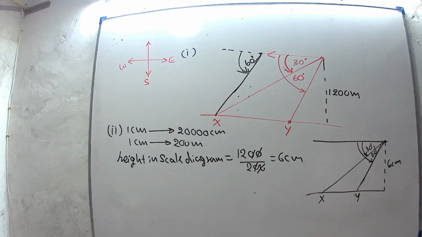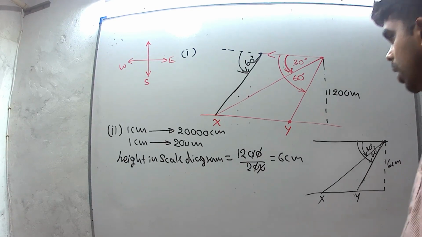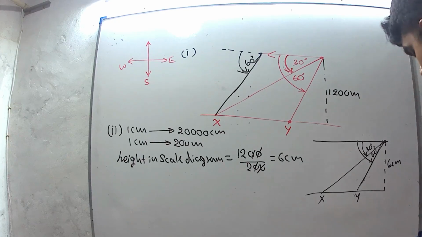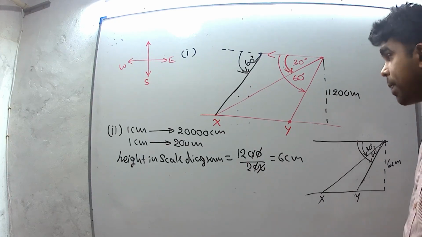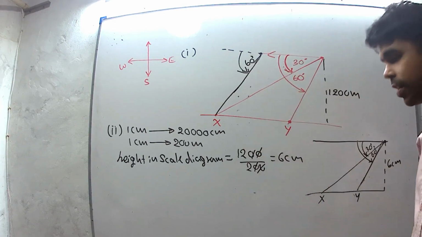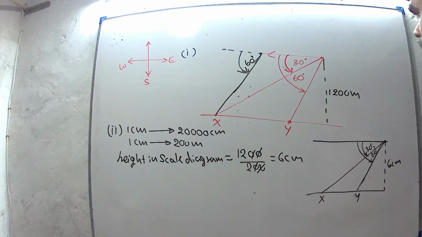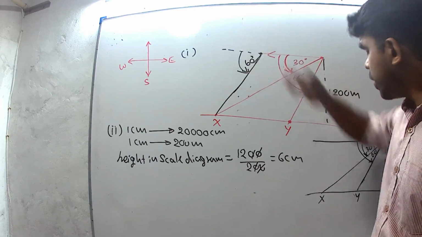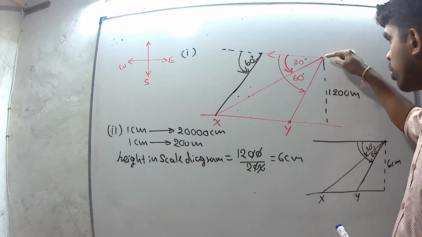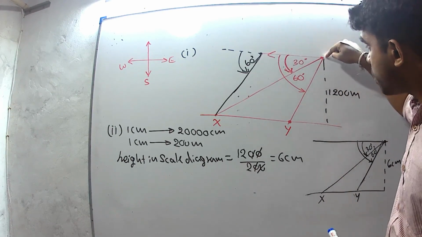They have given that after 40 seconds, the angle of depression of X is 60 degrees. Now we can't draw 60 degrees directly because we don't know the length from this point to this point.